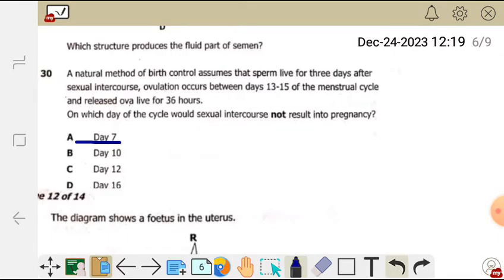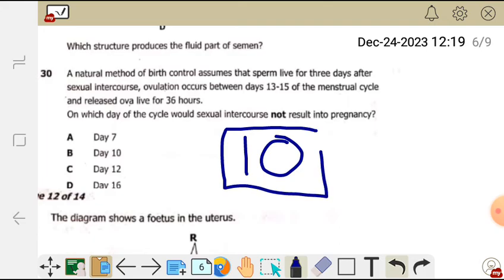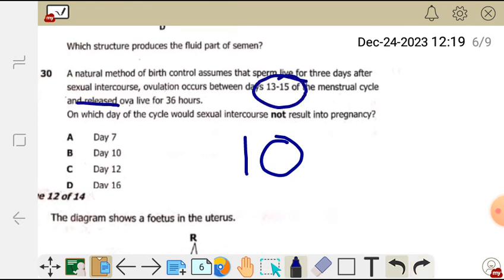So if it lives for 3 days, you add 3 to that 7, it will be 10. Okay, by that day 10, that sperm will die. So it won't result in a pregnancy because the egg will be released by day 13 to 15. So from 7 to 10, nothing will happen. So the correct answer here is A.